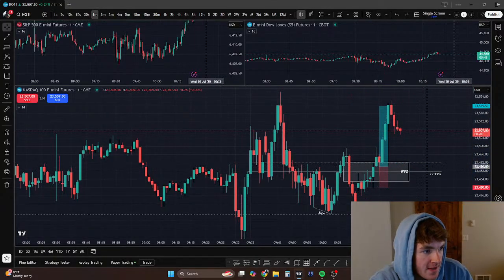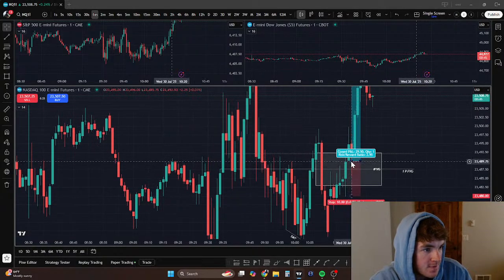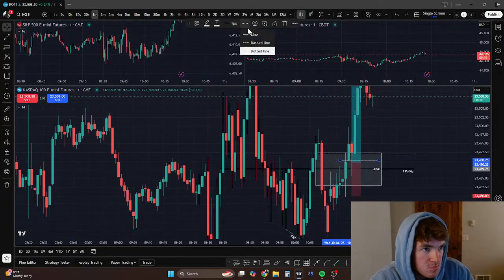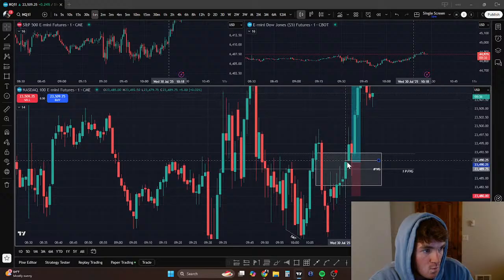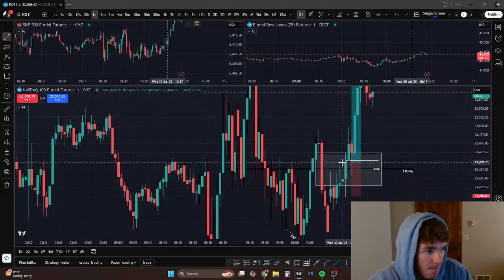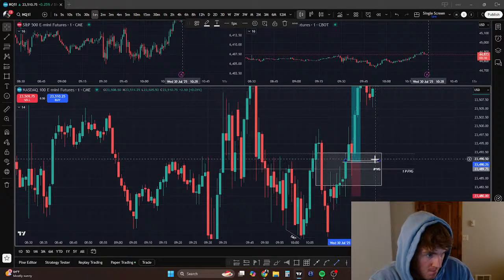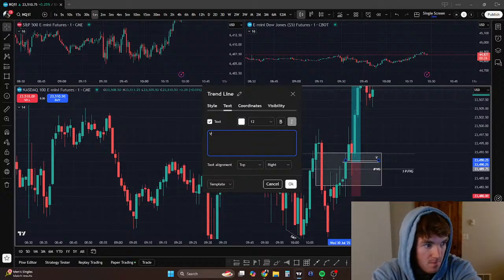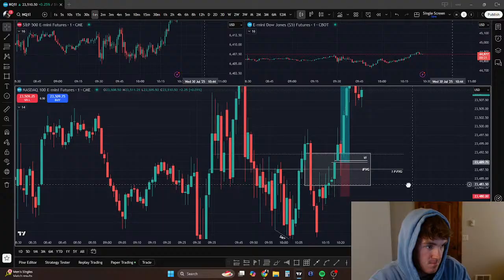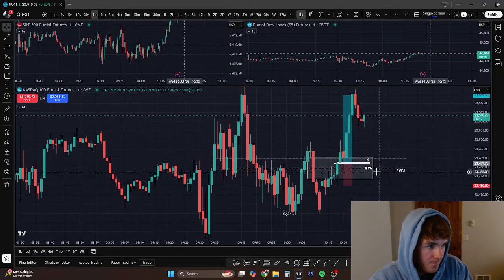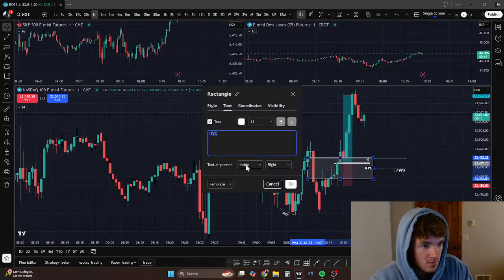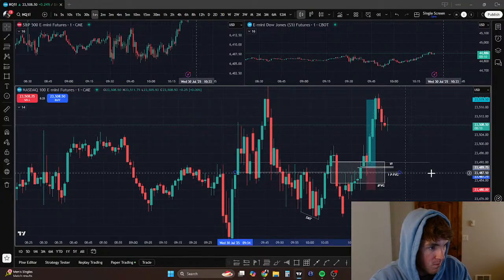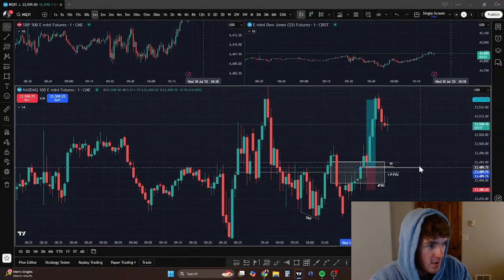And I actually probably want to take this volume imbalance within the first presented fair value gap. So I do entry at the volume imbalance.